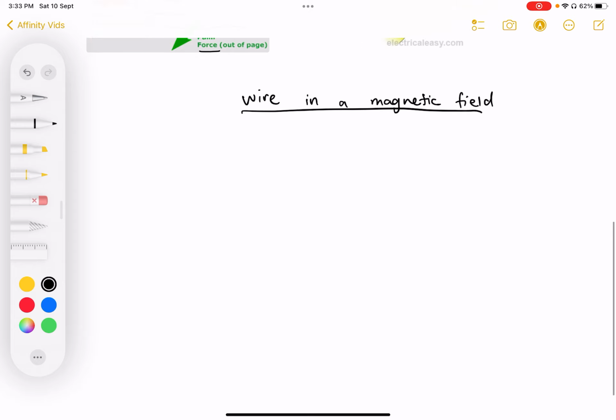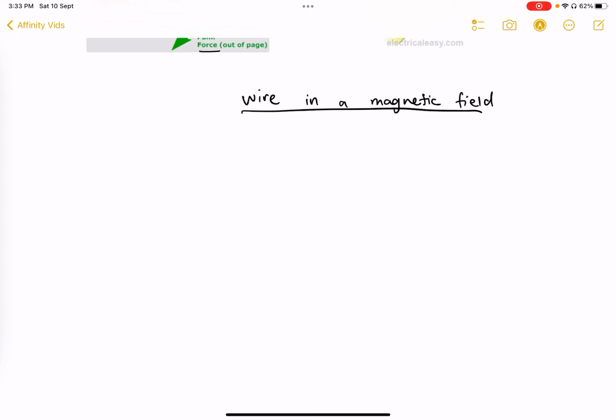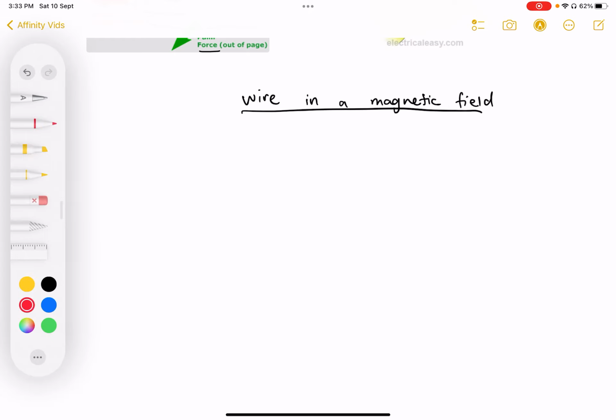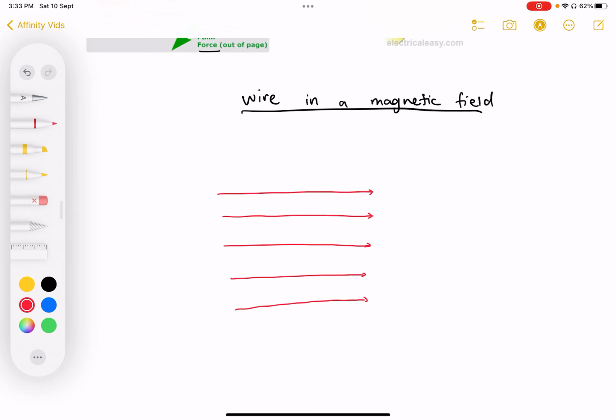Let's say we have our magnetic field, and let's make it red to line up with before, going in this direction. And we have a wire going over here. So how are we going to find out what this force is?